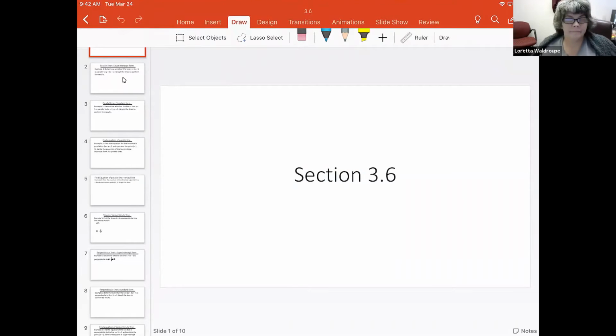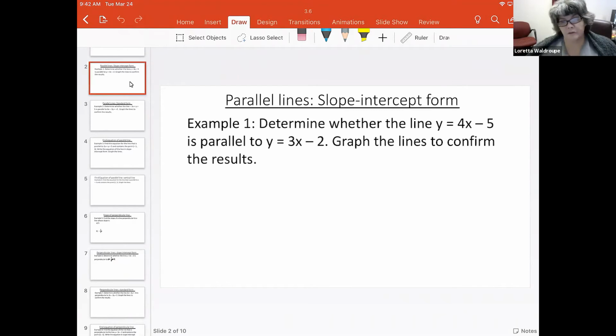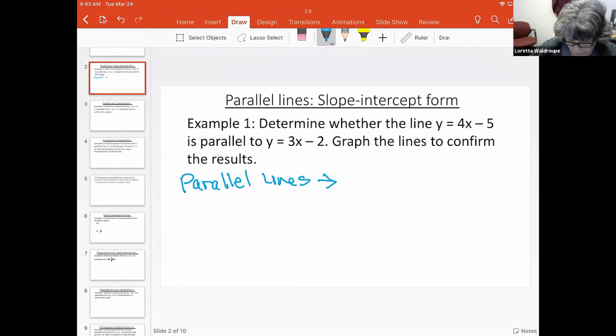All right. Today this section talks about parallel and perpendicular lines. Okay, so the first thing is parallel lines. And what you have to remember is parallel lines have the same slope.